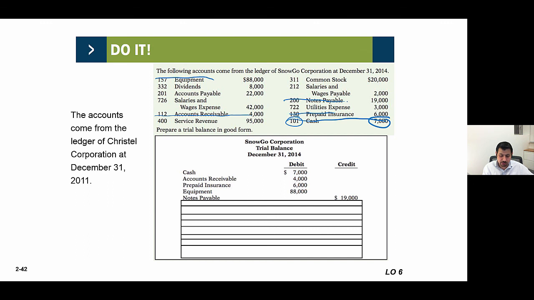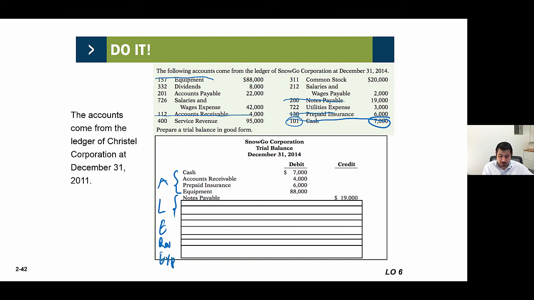So as you see, we started with assets. Then we have liabilities, and then equity. Finally, we end up with revenues and expenses. This is in general the order.